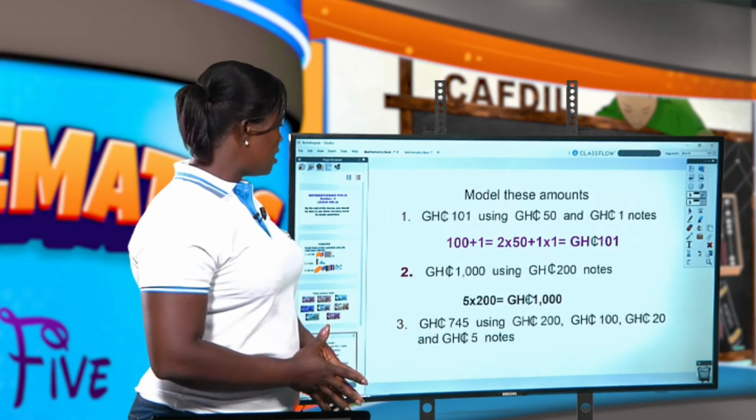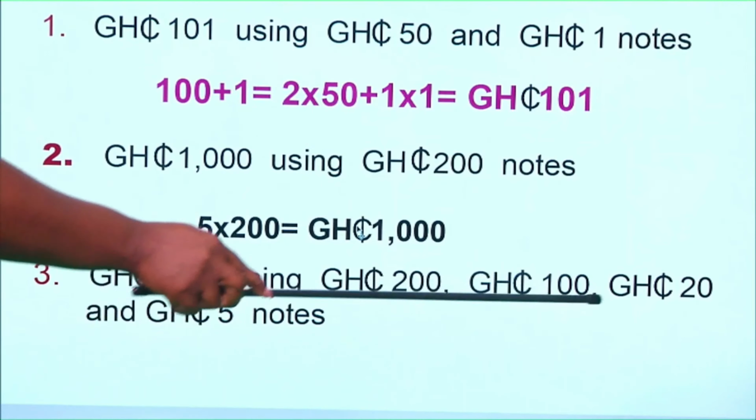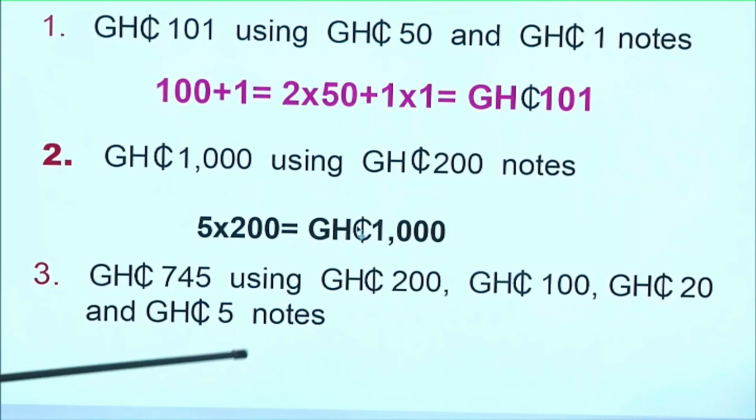We are modeling 745 Ghana cedis using 200 cedis, 100 cedis, 20 cedis, and 5 Ghana cedis notes. The item that we bought cost 745 Ghana cedis. And we have all these notes in our pockets. We have 200 cedis notes, 100 cedis notes, 20 cedis, and 5 cedis notes.